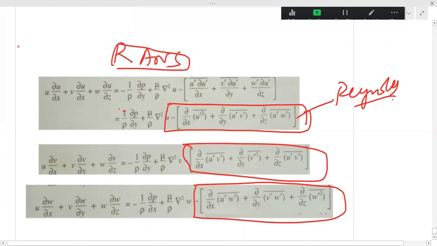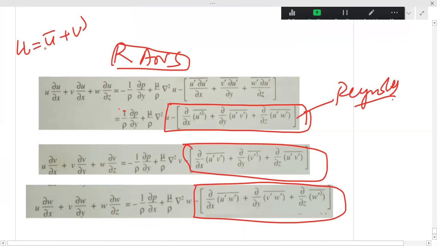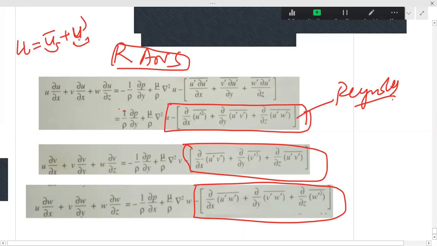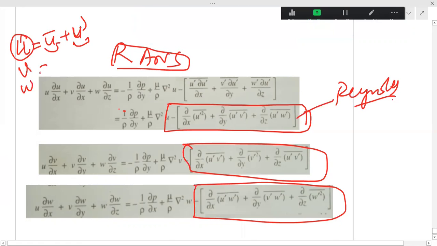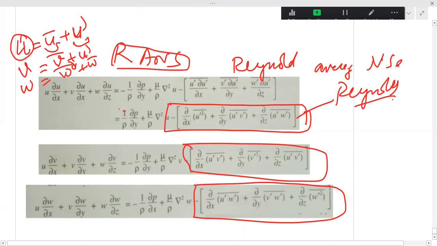These have come because velocities now are defined as the mean component plus the fluctuation part. You don't have the exact definition of velocities. You always define them in terms of mean and fluctuation. And this is called the Reynolds Average Navier Stokes equation.